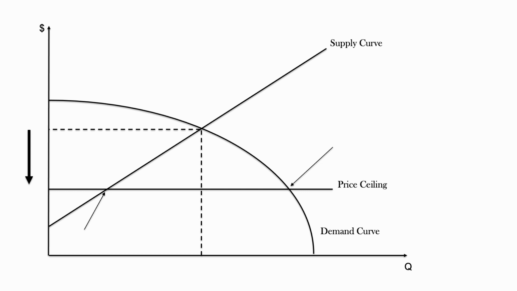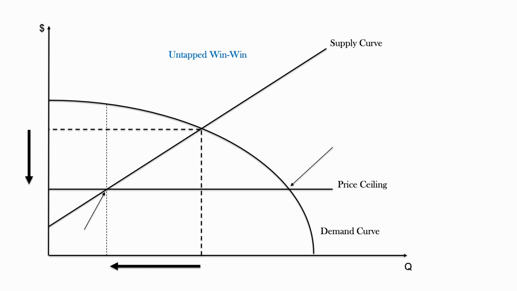At that price they're only willing to supply a little bit, and your supply shrinks. So with that price ceiling in place, we're only going to have this amount of quantity, and with it you're going to get what we'll call an untapped win-win, an unharnessed potential gain from trade.